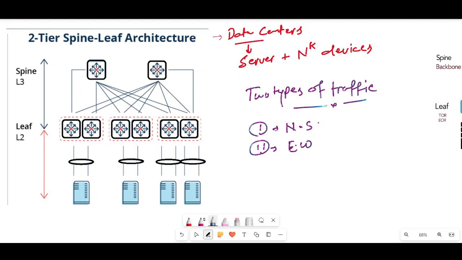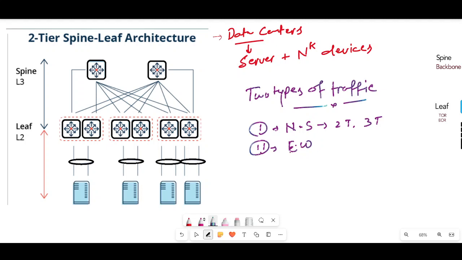we have north-south direction traffic in two-tier and three-tier. Now, this two-tier and three-tier is applicable only for north-south traffic.